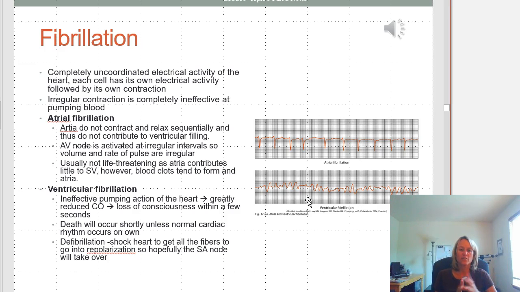If this is not reversed shortly, then death will occur. A way to reverse this is with defibrillation, where we shock the heart and hope to get all the fibers to go into repolarization, and then hopefully the SA node will take over again.